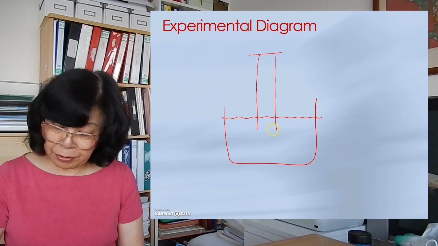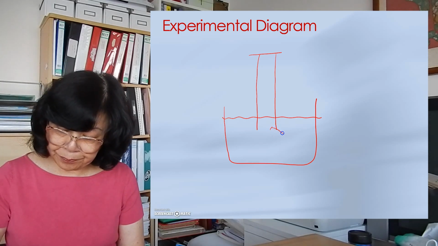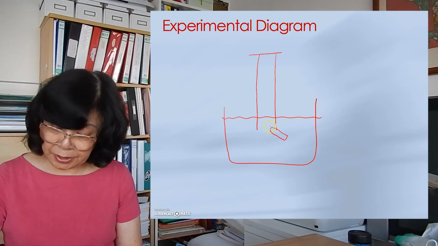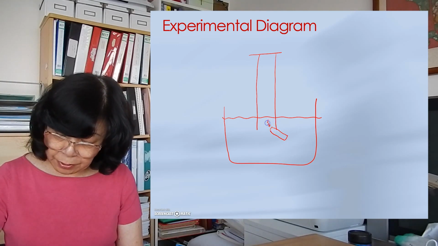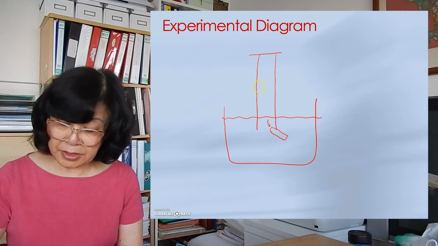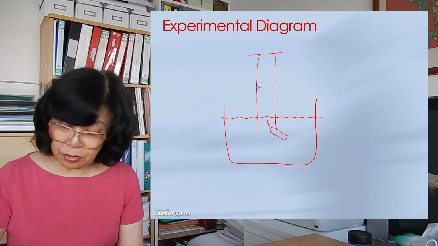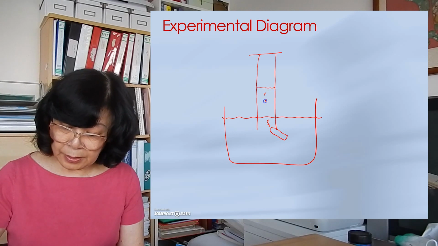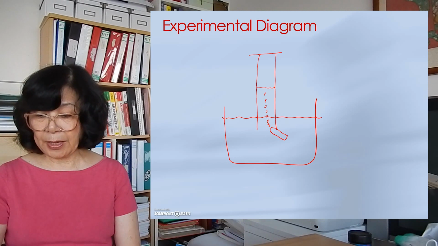Then now I put my butane lighter here, assuming I'm holding it, to release the butane gas. So as the bubble goes in, the water comes out. So initially there's a lot of water, and let's say the water gradually is being displaced by the gas.